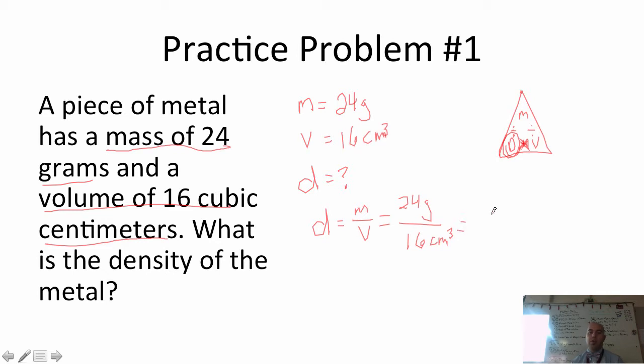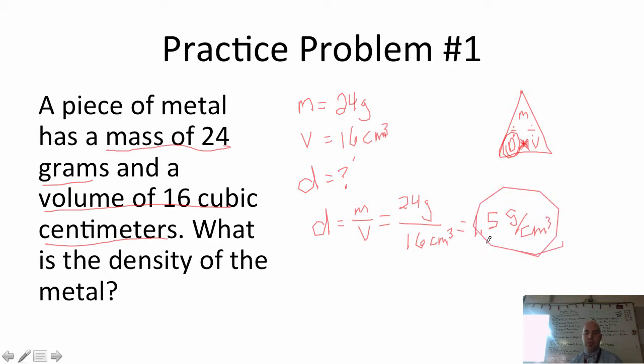Then I plug that into my calculator. It really helps if you turn on the calculator first. 24 grams divided by 16 cubic centimeters. Is anyone else doing this? Let's see if we get the same answer. What did you get? 1.5 grams. There you go. 1.5 grams per cubic centimeter.